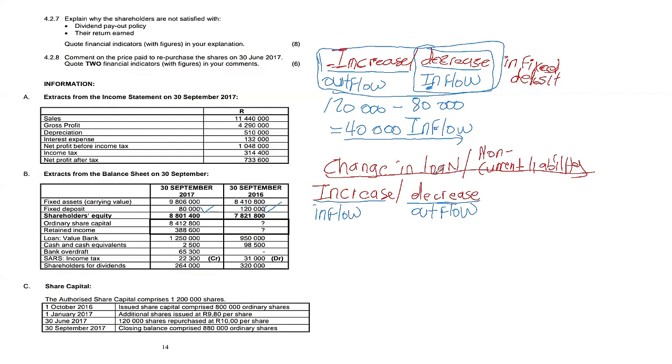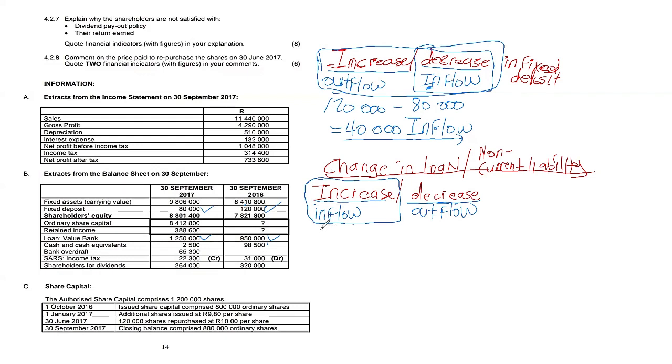Therefore, September 2016, also September 2017, your loan in 2016 amounted to 950,000, right? So in 2017, the loan was what? 1,250,000. So it means your loan decided to increase.